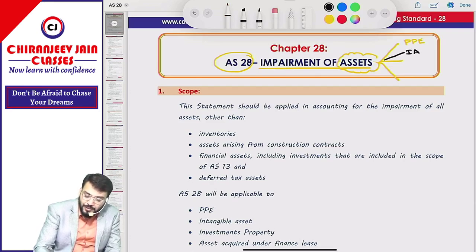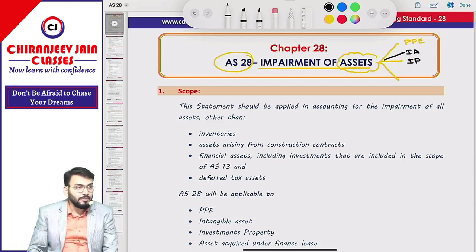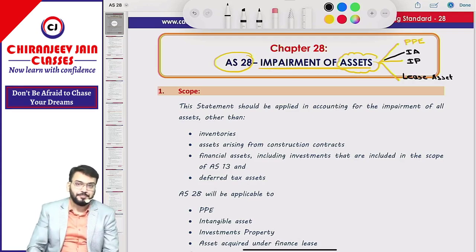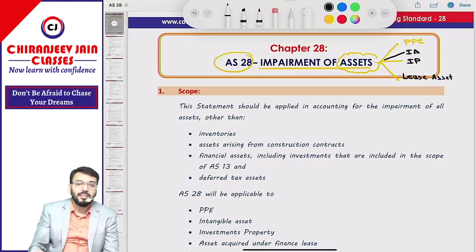Intangible asset will be covered. Investment property will be covered. And leased asset will be covered, that is, asset given on lease. Only these four assets are covered.